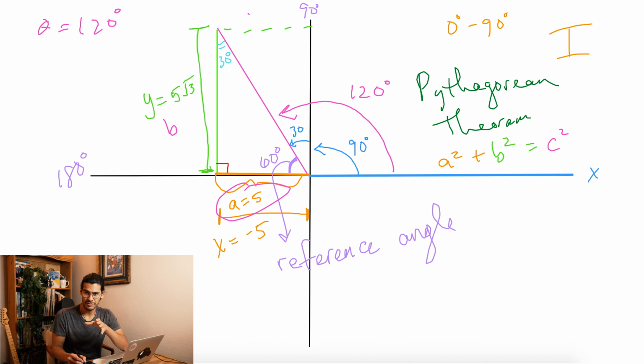It doesn't necessarily have to be that. You can call your vertical side A and your horizontal side B as long as you're calling the hypotenuse side C. But we have this relationship A squared plus B squared equals C squared.